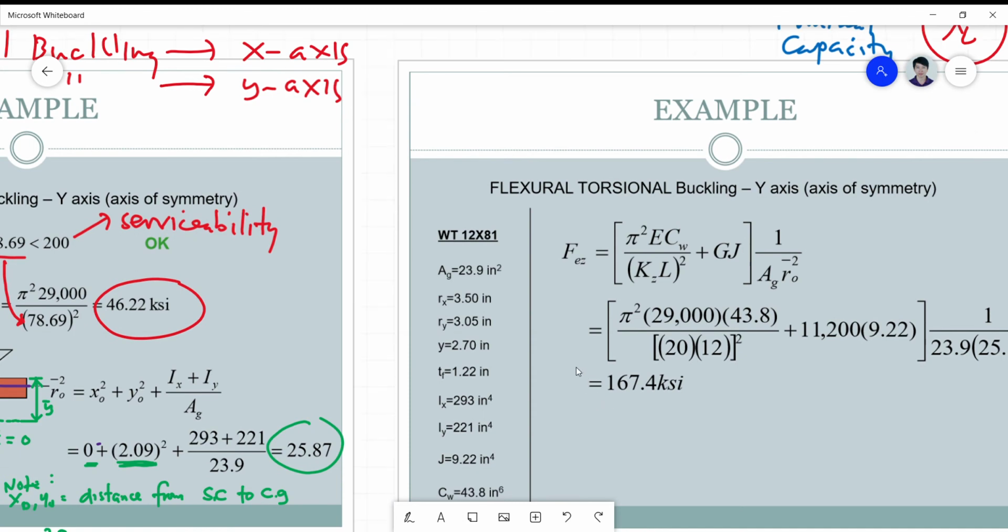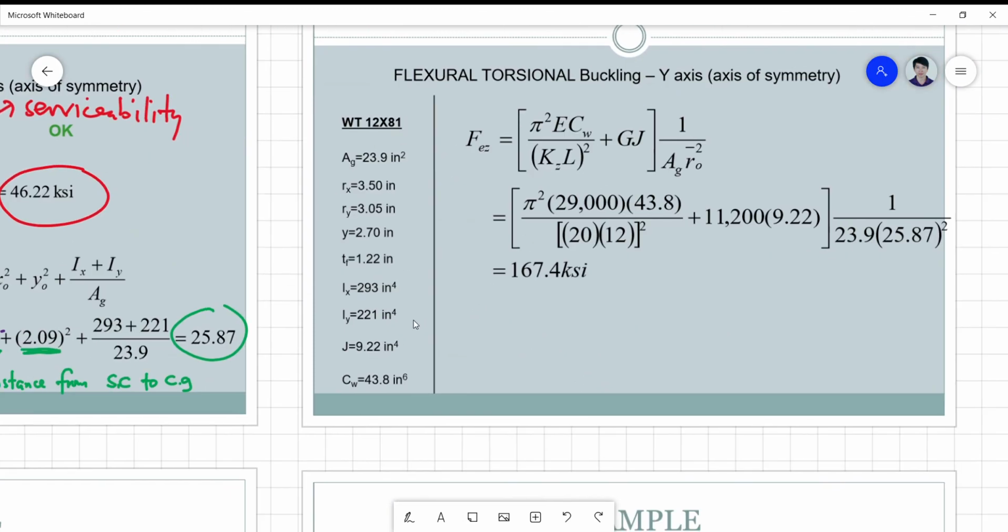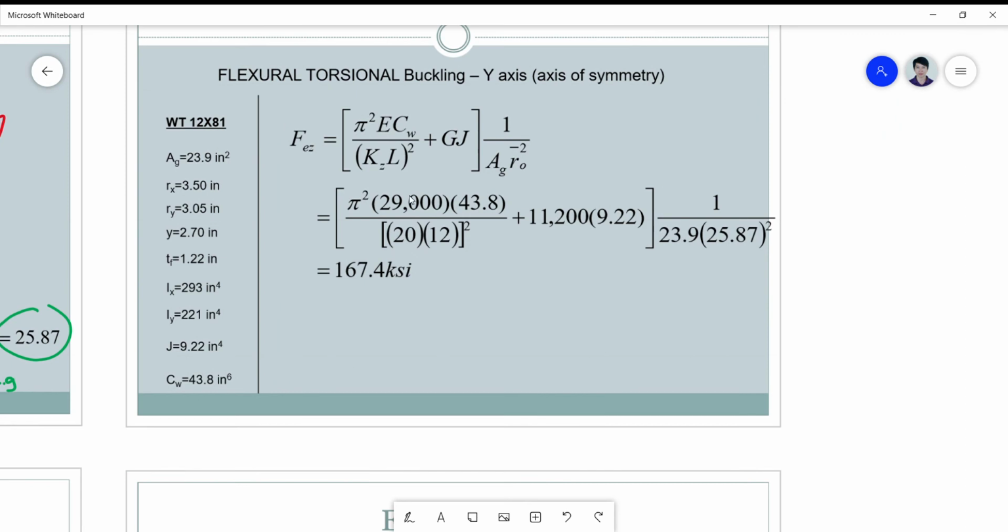Class. Yan. Fez. Yan. So, you plug it, given, pi squared, E, alam niyan, 29,000, Cw, ayun. Okay? Kz, L, given, yan. G, kunin mo lang si G. Asan yung G? Okay, so G is a constant also like E, no?